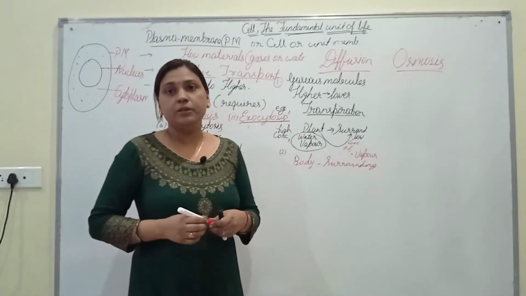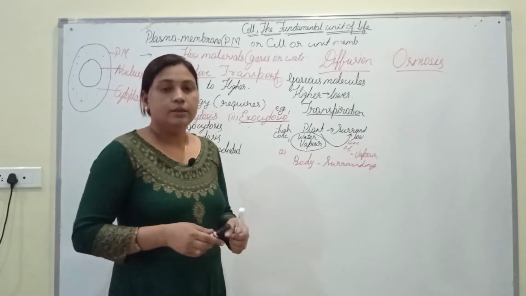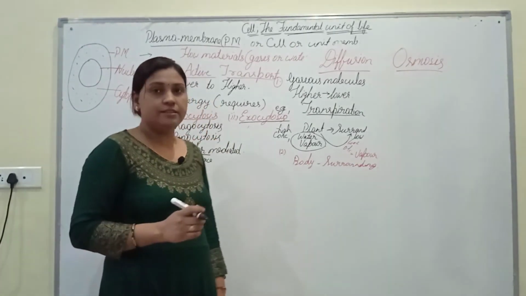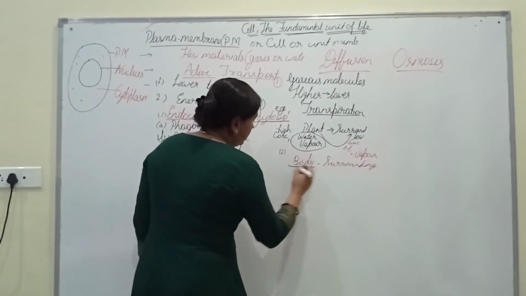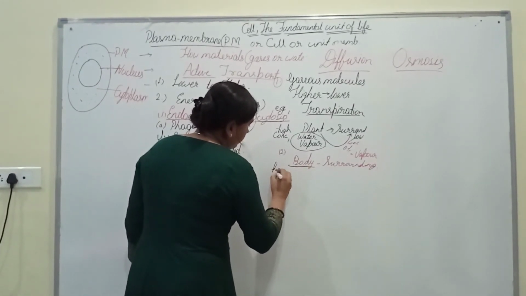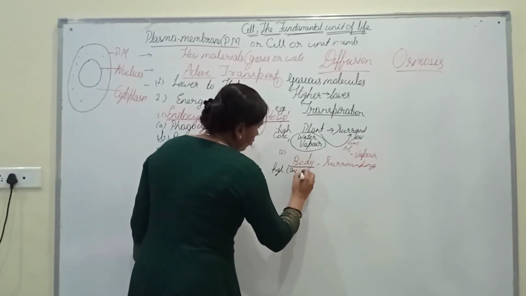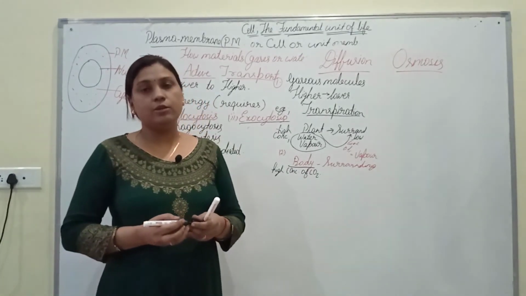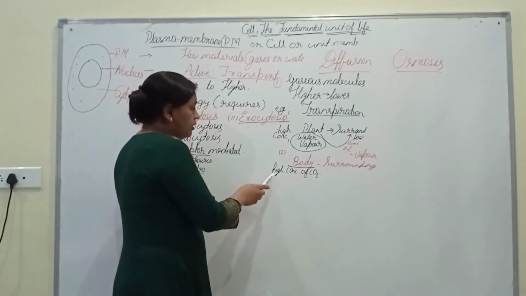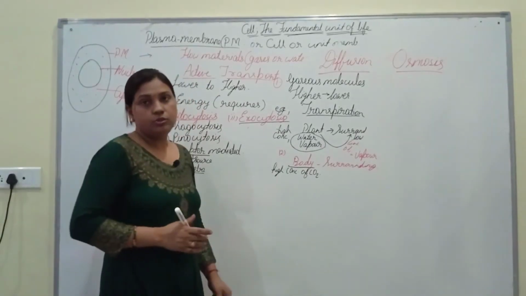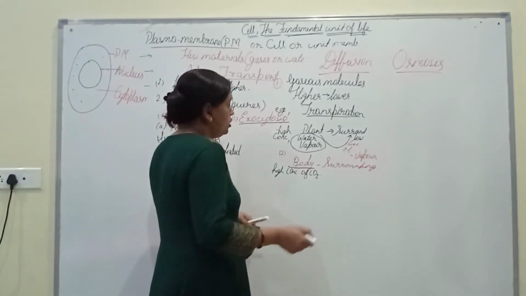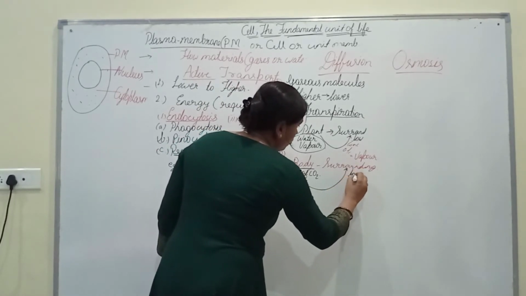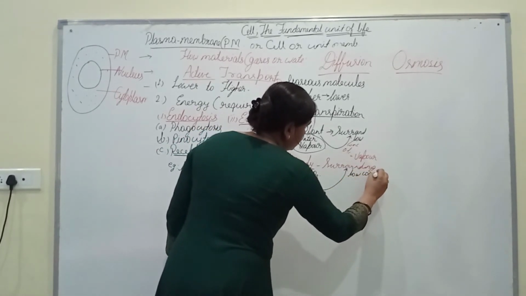During cellular respiration, our body produces CO2 as a metabolic waste. So a high concentration of CO2 occurs in our body as a result of cellular respiration, and it will move towards the surrounding where there is a low concentration of CO2.